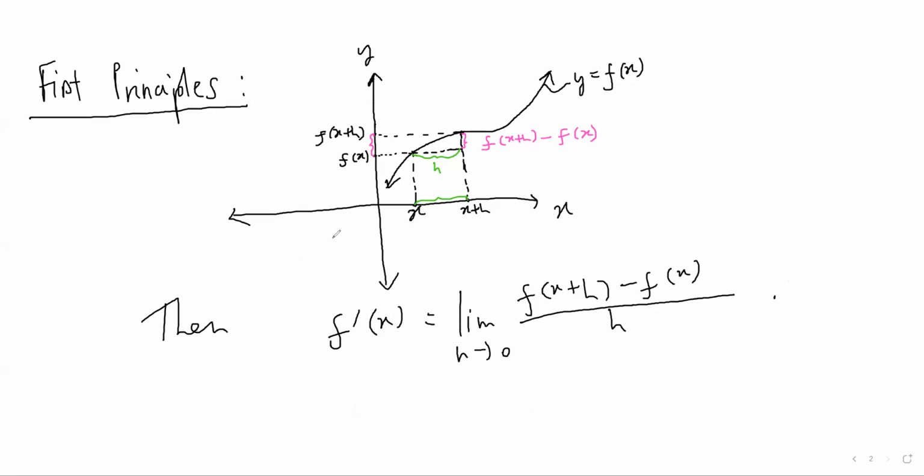When we calculate the derivative of functions using this definition, we call that differentiation from first principles, or differentiating using first principles. That's what we call it. Okay, let's go to the next page.